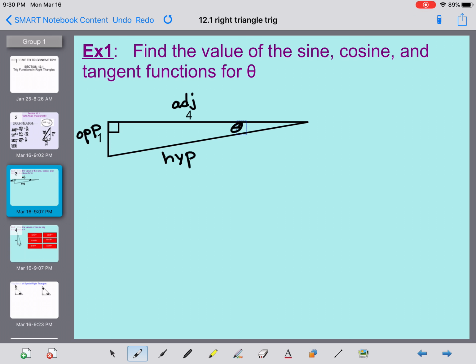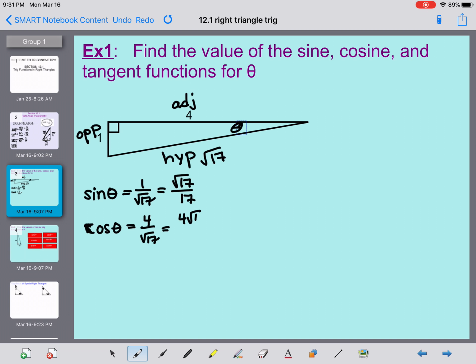Pythagorean theorem tells you that your hypotenuse is the square root of 17. So sine of theta is 1 over root 17. Rationalize that, you get root 17 over 17. Cosine of theta would be 4 over root 17. Rationalize that. And tangent of theta is just 1/4.